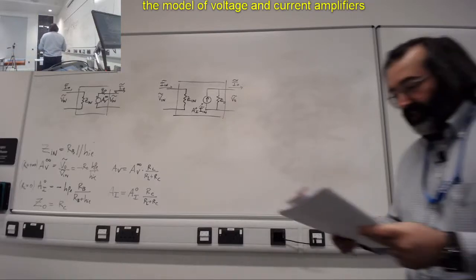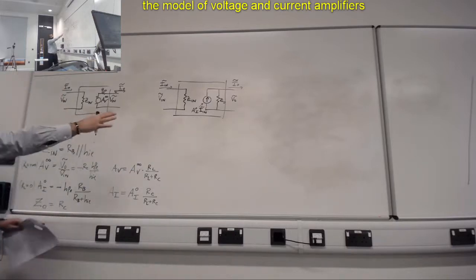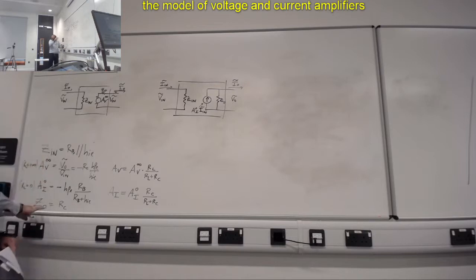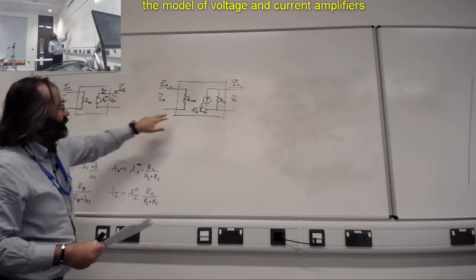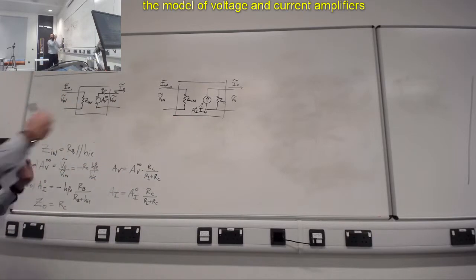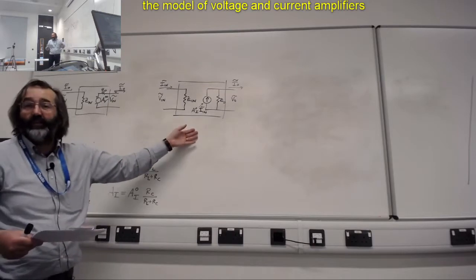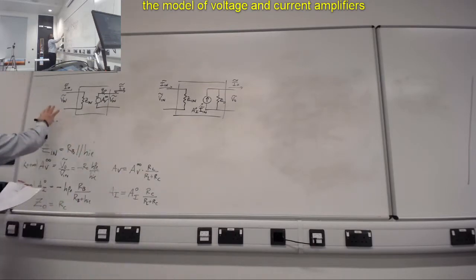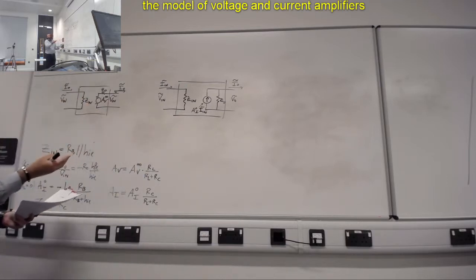Obviously these are equivalent, because we are talking of effectively the same circuit. These parameters, Zin, AV, Z output, and AI come from the same circuit, and are simply different representations of it, depending on whether I'm more interested in voltage amplification or current amplification. How I go from this to that, it's the circuit itself that can tell me.